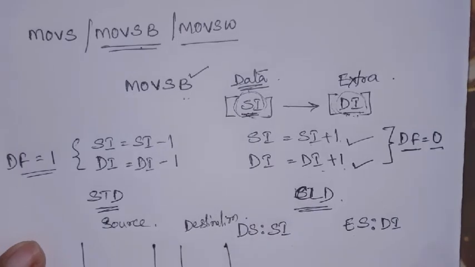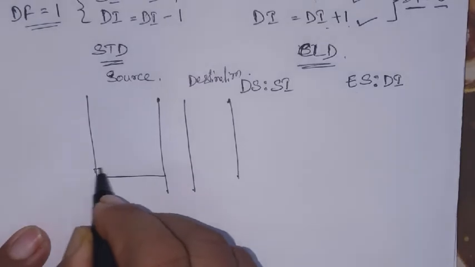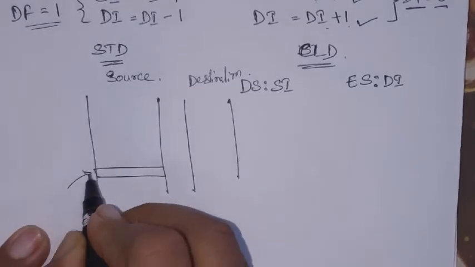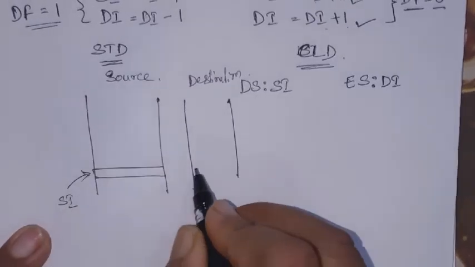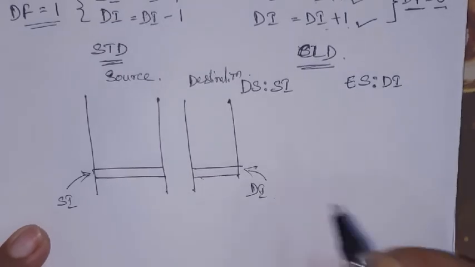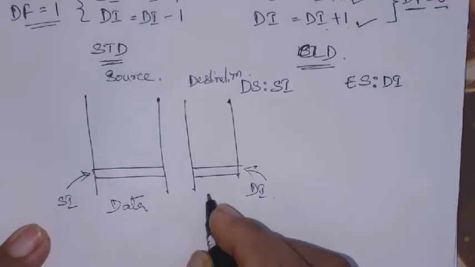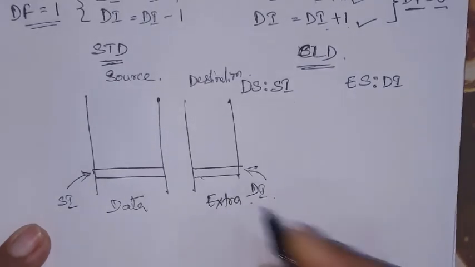So here 1 byte is transferred. The memory location in the source is pointed to by the SI register, and the destination is pointed to by the DI register. This is the data segment and this is the extra segment.